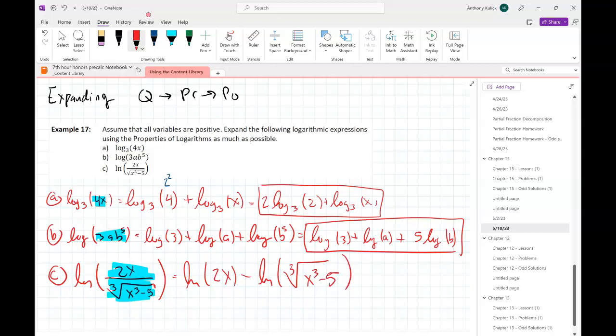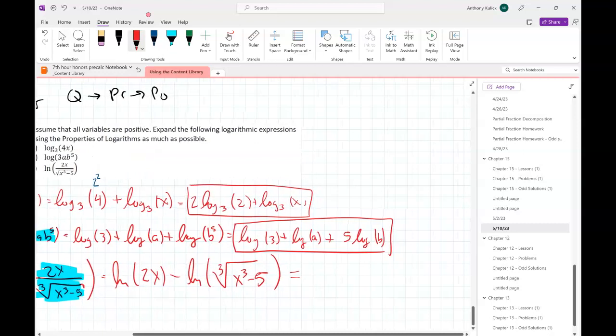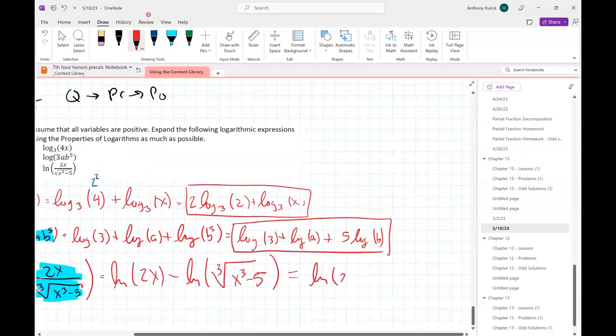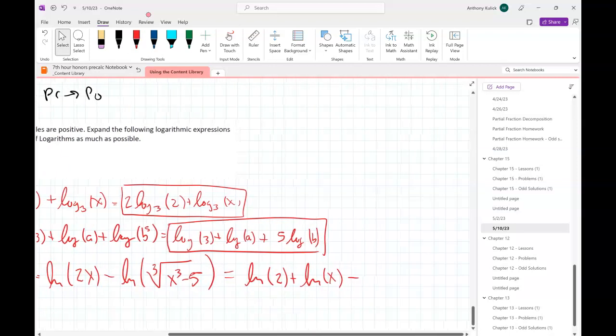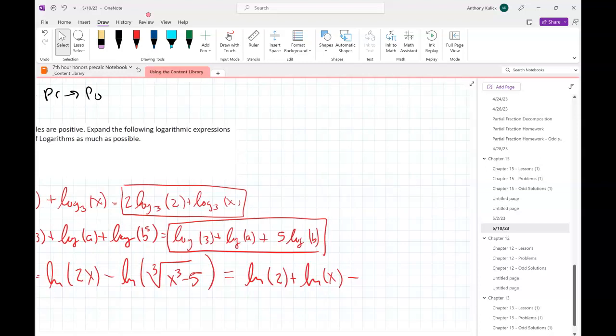Everybody feel good? Okay. Obviously, none of them is a quotient property because none of them are fractions. So product properties next. If I look at log of 2x, that's a product property. Everybody feel good there? There's no product property with log of cube root x minus 5.